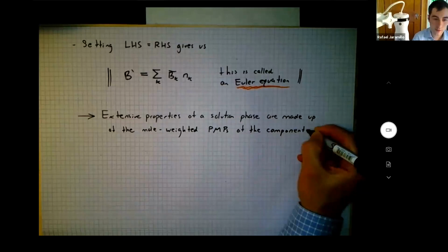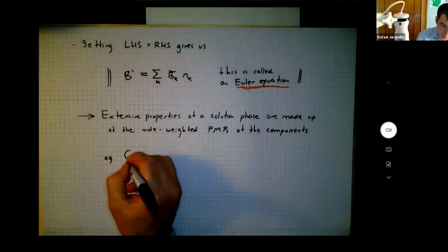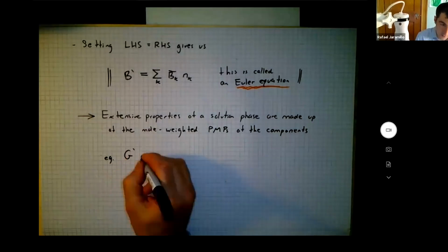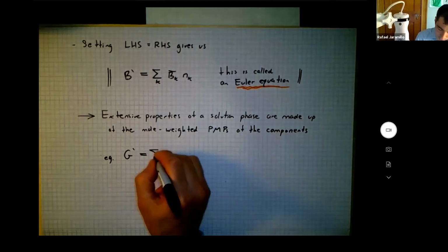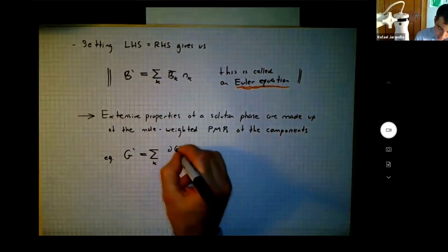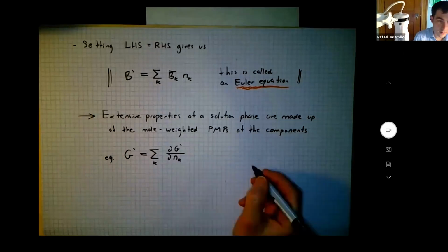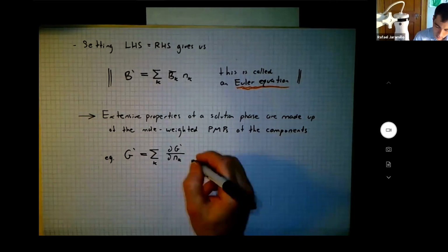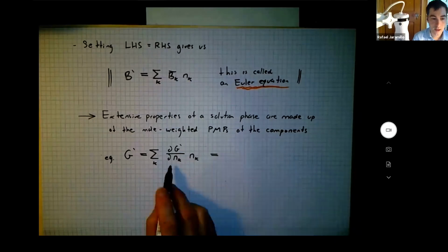That's what it means. So for example, this is the one we'll be using almost to the exclusion of any other in this class. The Gibbs free energy of a system is going to be the sum of these PMPs times the mole numbers.